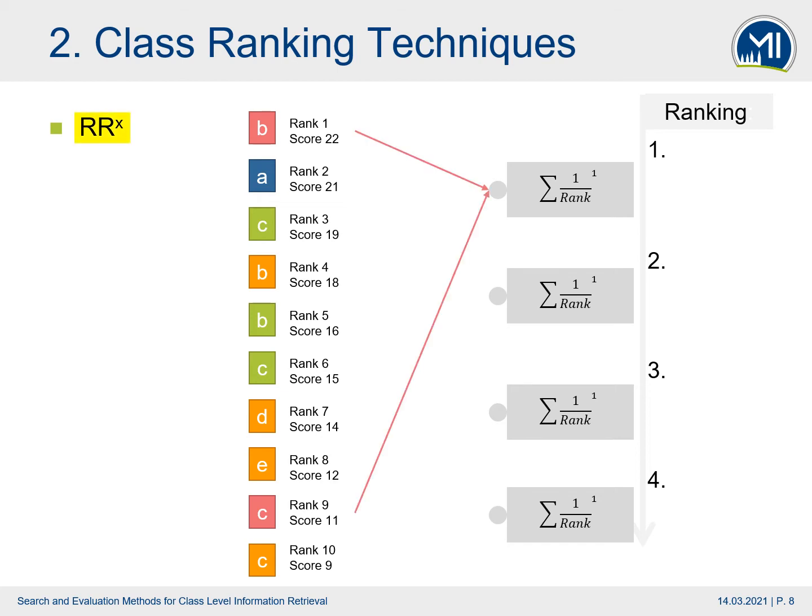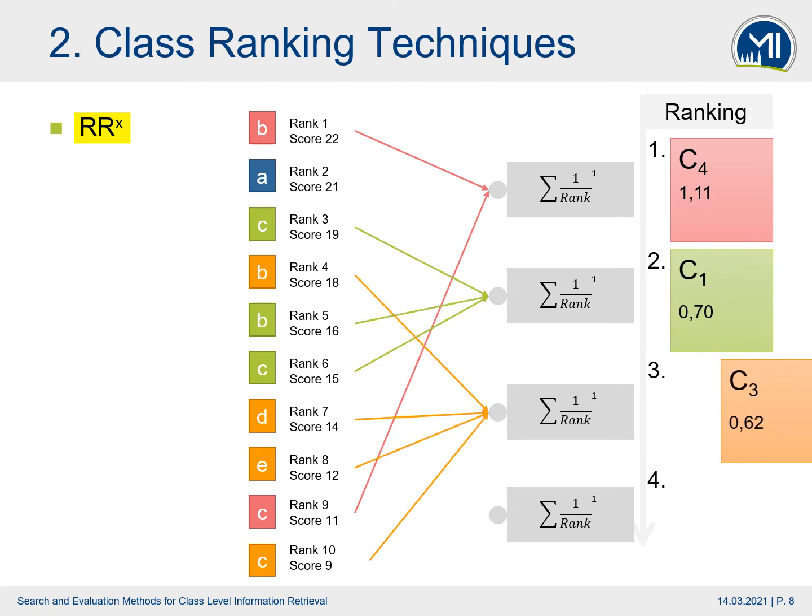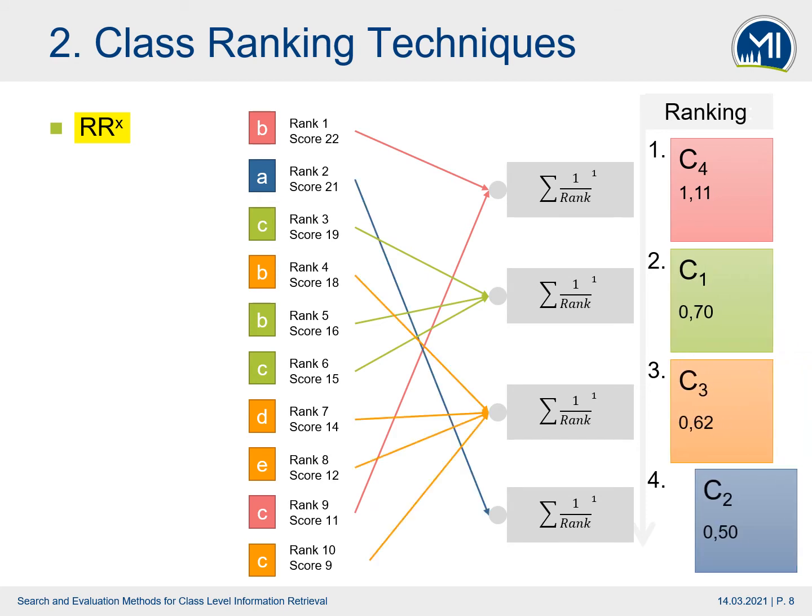Newly introduced in this work is the exponent x, which allows us to fine-tune this approach. Per class, all reciprocal rank values are summed up to derive a class ranking. In this example, the basic variation having 1 is demonstrated.